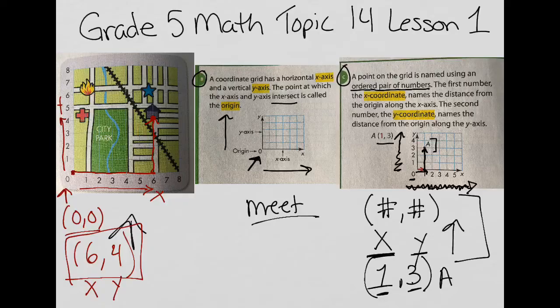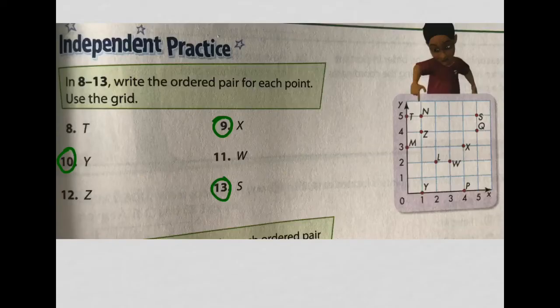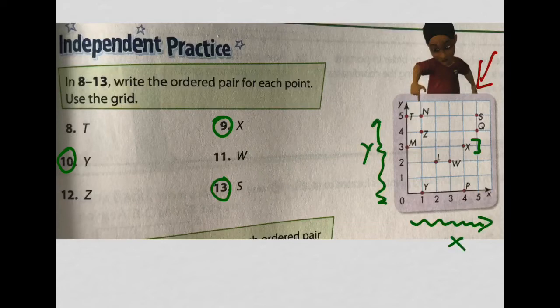Let's do some more worked examples. I'm going to do number 9, 10, and 13. You can work the other ones on your own. So let's look at number 9 together. 9 is point X. So I come over to my coordinate grid here and I look for point X. All right, X is right here. So remember, you crawl on the x-axis before you walk on the y.